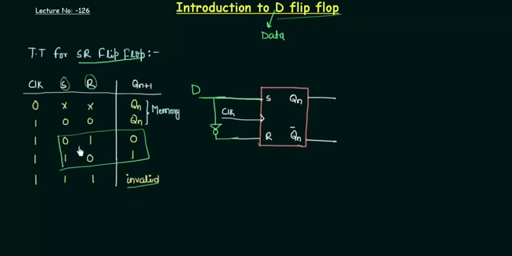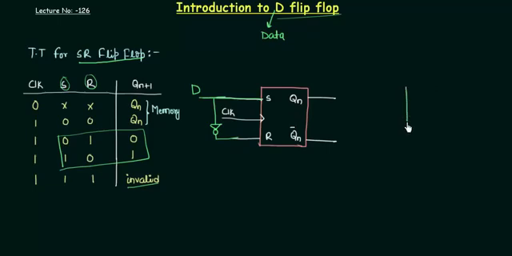That was this case. When D is 1, it means S is 1, and my R is 0, it means this case. So I need only a single input, that is my D, and to get the other I will complement it. This is what we do to have our D flip-flop by using the SR flip-flop.